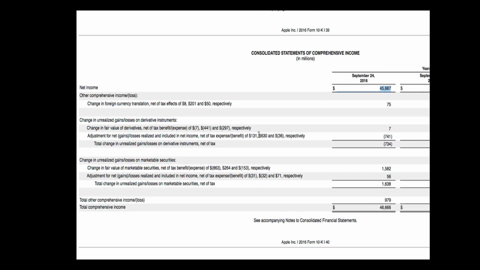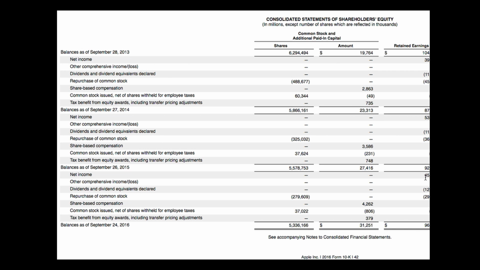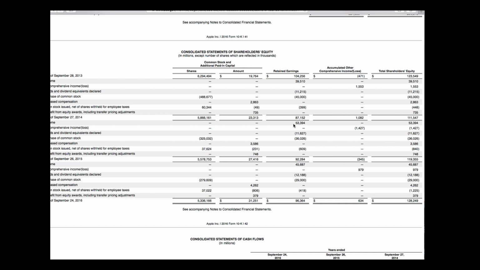Under generally accepted accounting principles, if we have marketable securities held as a resource on our balance sheet, then we need to adjust them at the end of the cycle to their actual value. So that consolidated statement of comprehensive income will show some of those value adjustments. Even though we haven't sold the securities, we have revalued them.